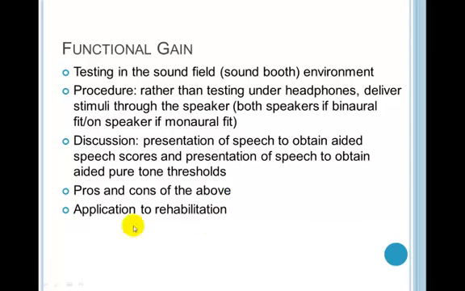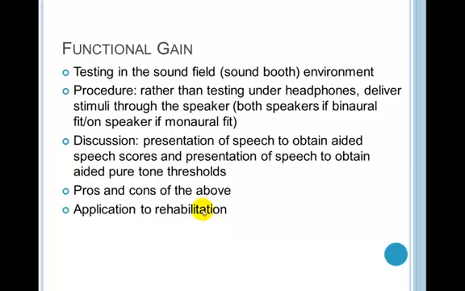But in application to rehabilitation, this is a great tool to show someone how well they're doing, especially if they feel somewhat discouraged about hearing aids or nervous about hearing aids. They're afraid they're going to lose them. They feel overwhelmed with the controls. Obtaining these test results is very supportive for the individuals if they're not sure that they warrant the cost.